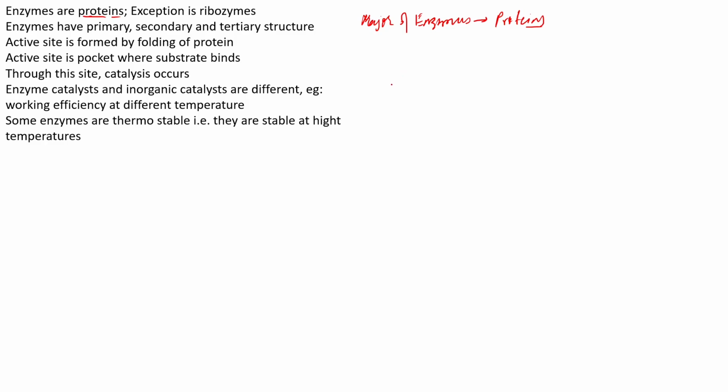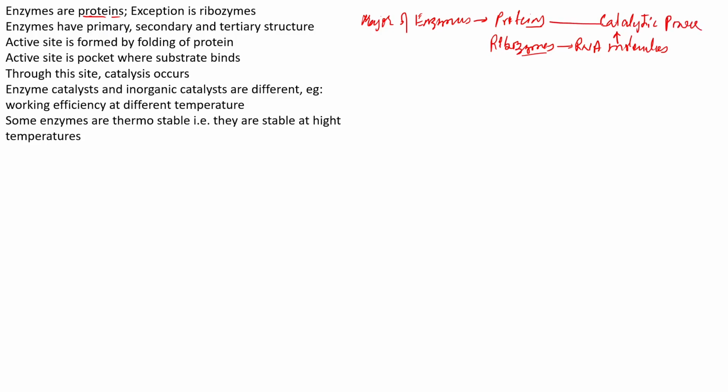And in the last class, we did mention those exceptions, right? They are mainly the ribozymes. Now ribozymes are basically RNA molecules, and these RNA molecules do have catalytic power or catalytic ability, right?